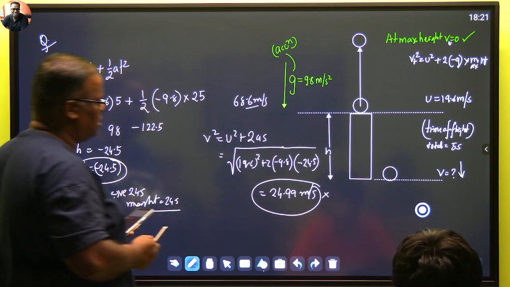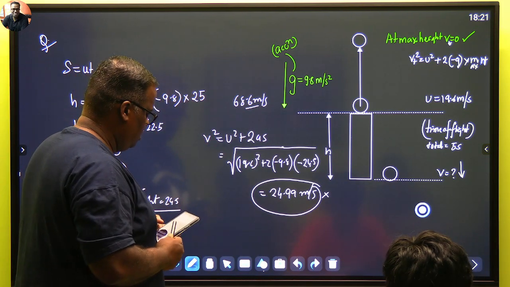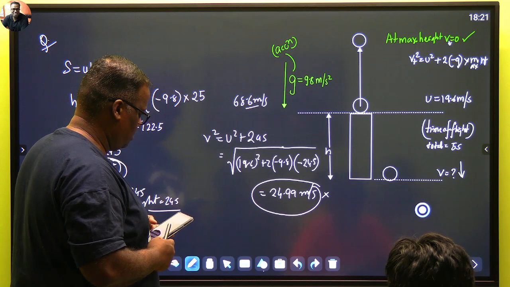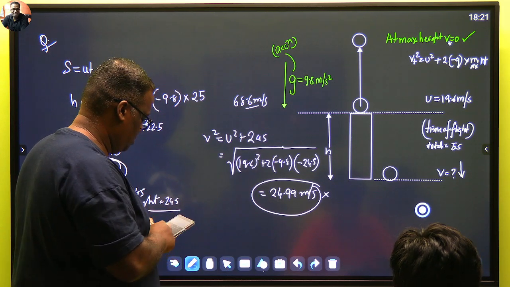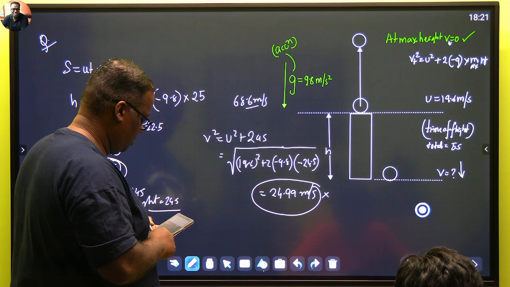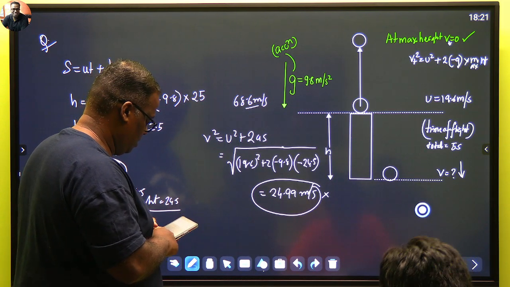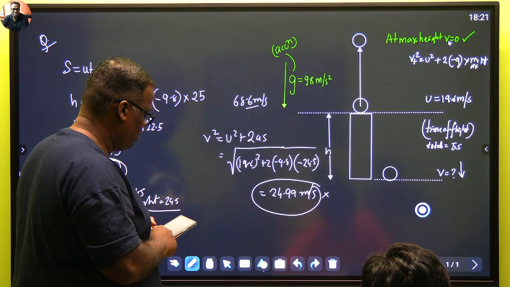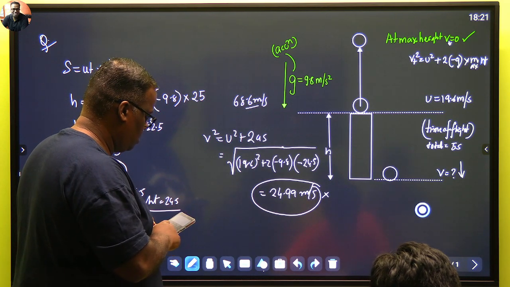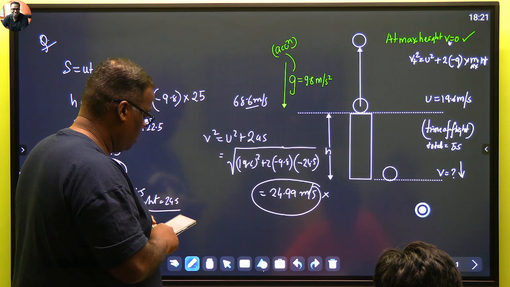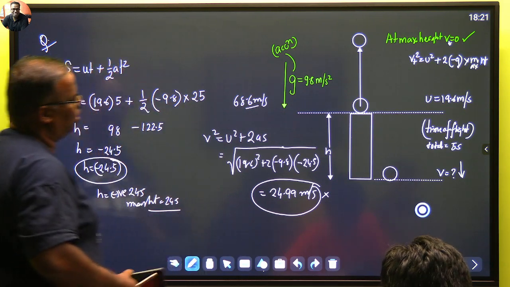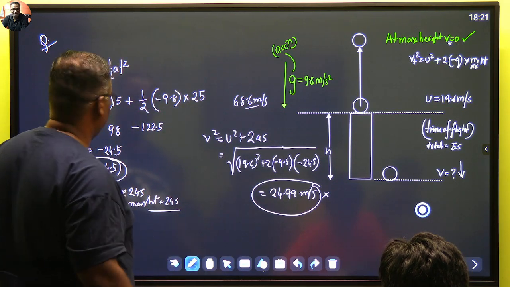Cannot be two different answers. u plus 80. इसका रूट अगर हम करें, I'm still getting 29.4. Where have we gone wrong?